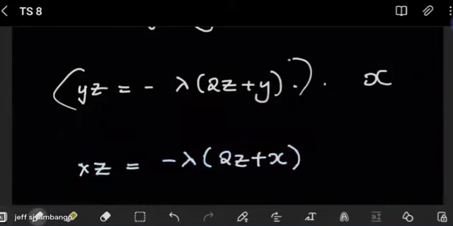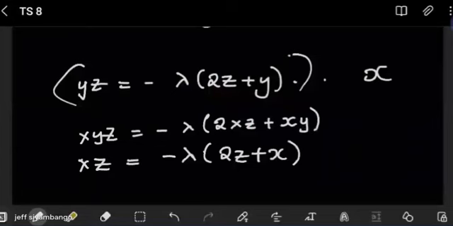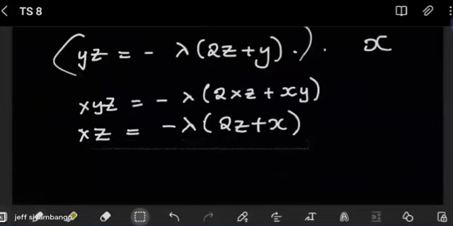The left side will become xyz. And then the right side will now be minus lambda. The x can be sent inside directly, so that now I have 2xz plus xy. This becomes equation 1 when I multiply it by x throughout.